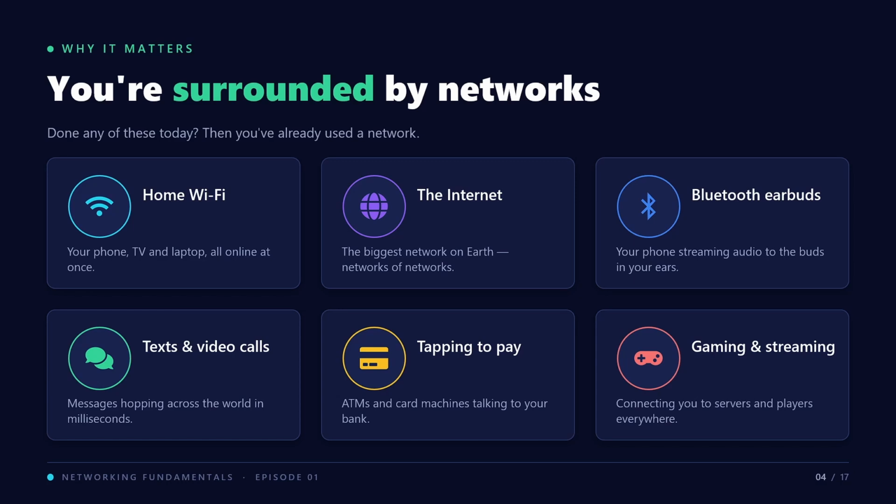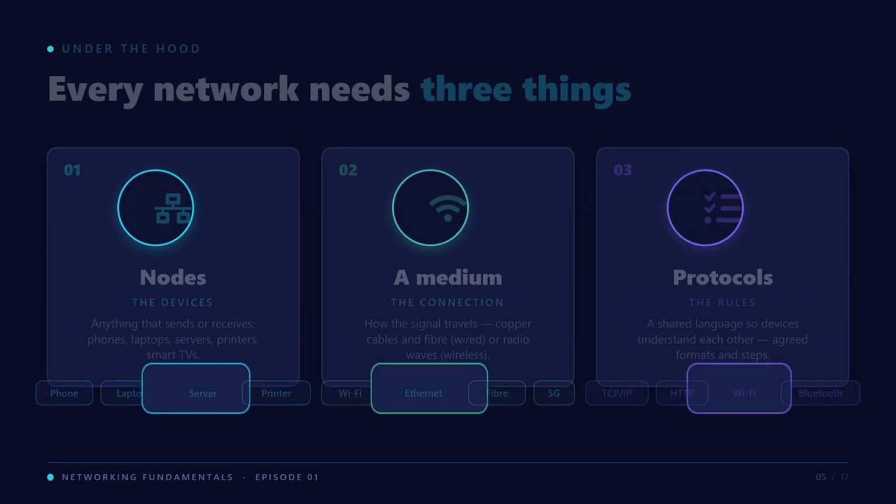Bluetooth earbuds, that's your phone and your earbuds, a network of two. Texting and video calls, tapping your card to pay. That's a machine quietly talking to your bank. Gaming and streaming, connecting you to servers and players around the world. So the basic idea is the same every single time. Devices connected to share. The only thing that really changes is the size.